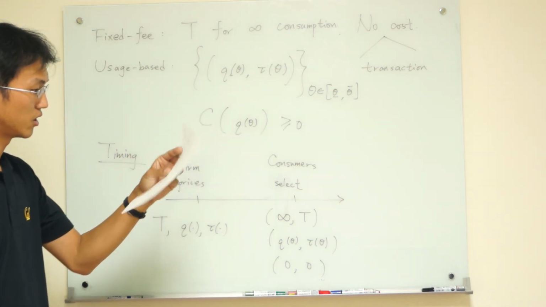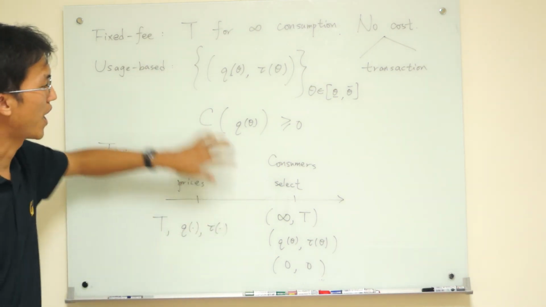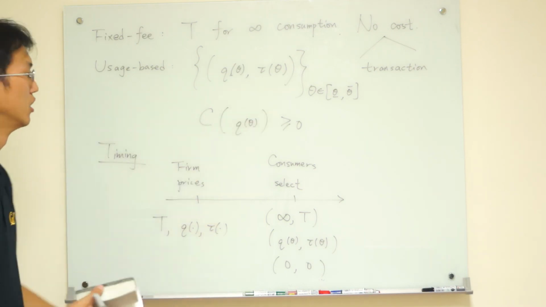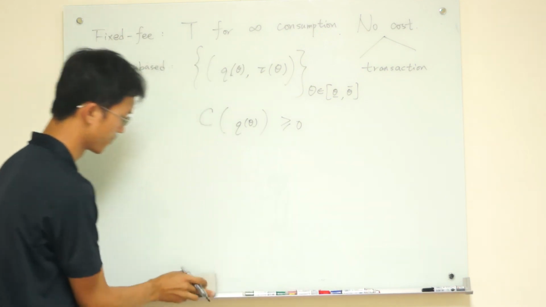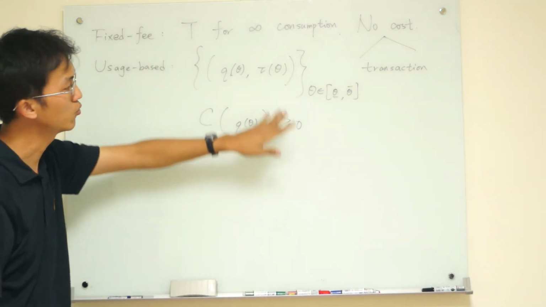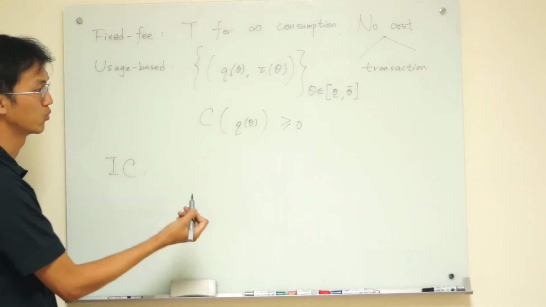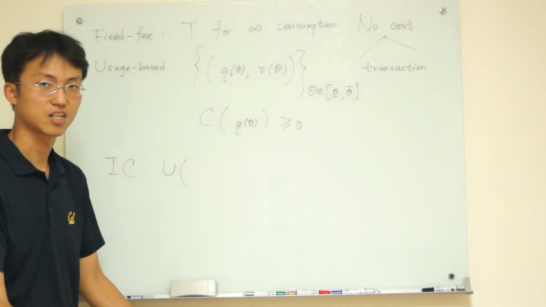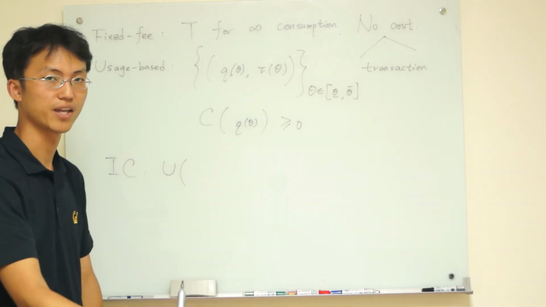So probably the last thing is to remind you what we mean by the schedule being incentive compatible. I'm going to write the constraints down. When you are offering this plan to consumers, if you want this plan to be incentive compatible, we need the following IC constraint. That means, as a consumer, if you choose the contract for you, it's going to be better than lying.